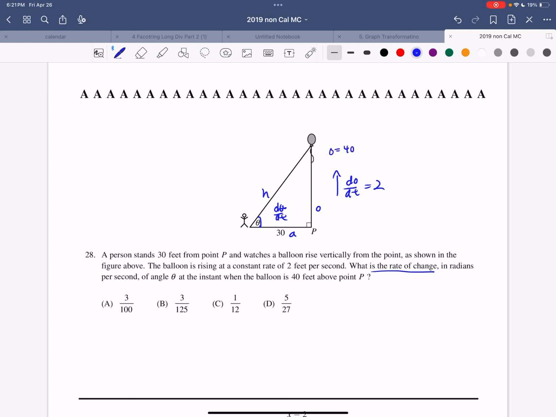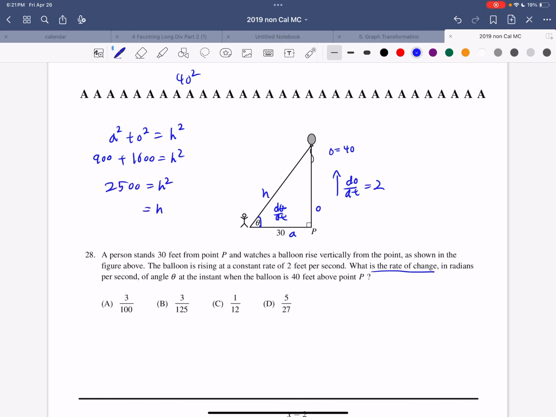I think we can do many things, but first, let's try to find the hypotenuse. So A squared plus O squared is equal to H squared. A is 30, so 900, plus O squared, 40 squared is 1600, is equal to H squared. 2500 is equal to H squared.